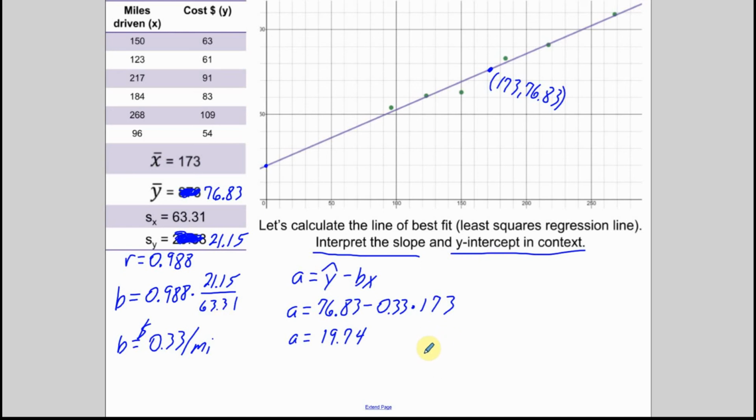So that's why your prediction model is going to be y hat equals, you're going to start at $19.74. Remember, the y is the cost. So we're creating a model for the cost, plus 33 cents for every mile.